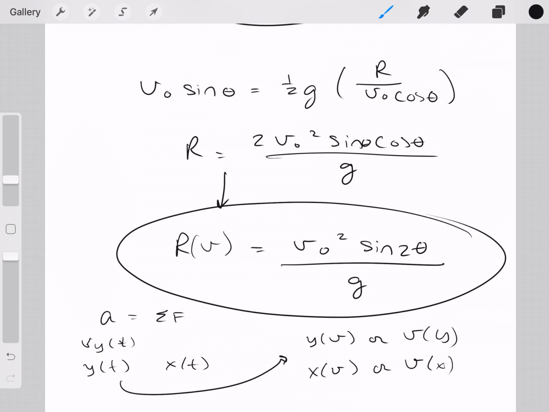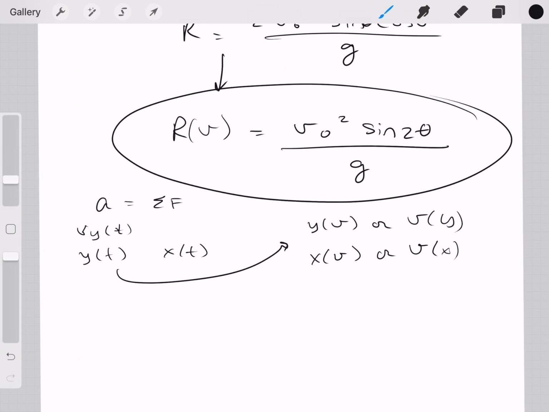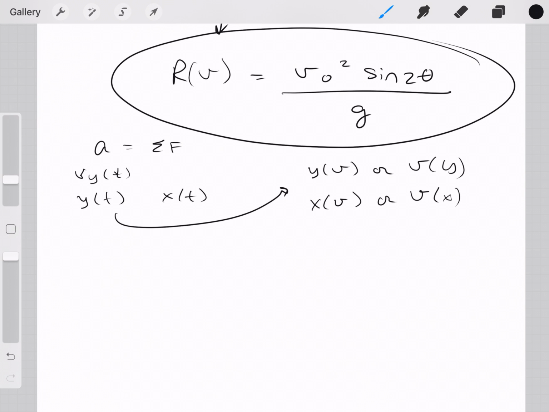And now we solve for range, which is x in terms of v, or if you wanted to resolve for v naught, then you get v in terms of x. So those are all really helpful equations, and I'm sure over the next few weeks when you work a million problems, you'll get very, very familiar with them.